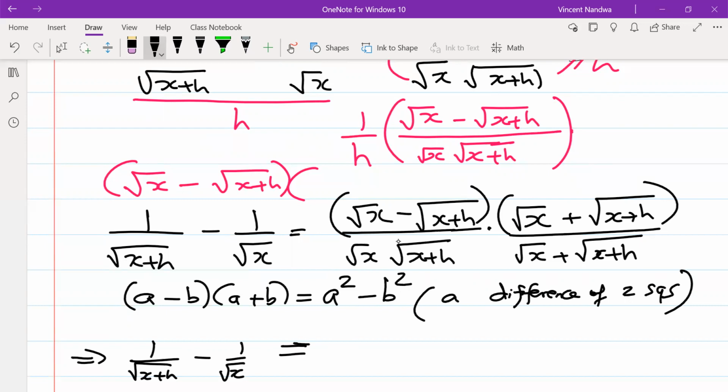So what is your a? If you relate this to what we have here, a becomes which value? The square root of x, and b?